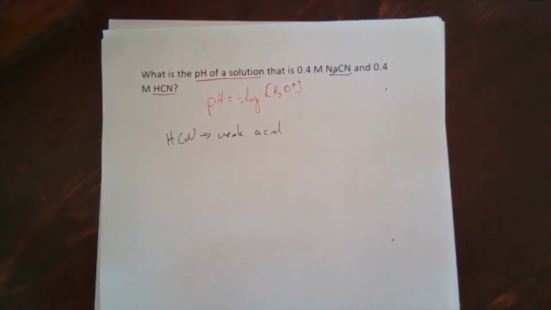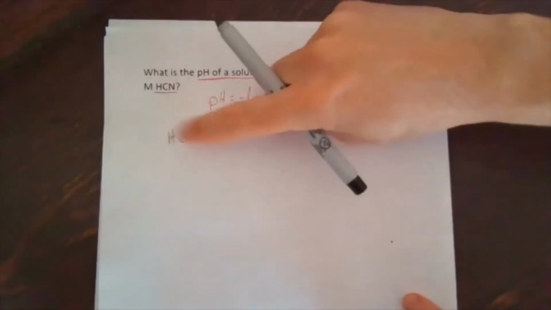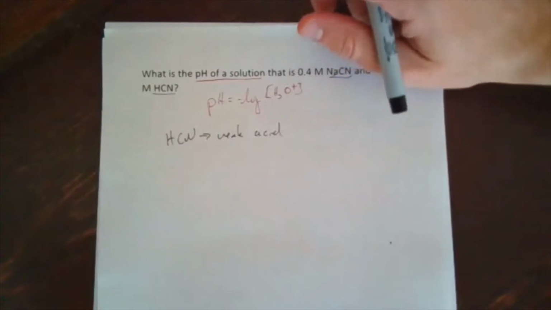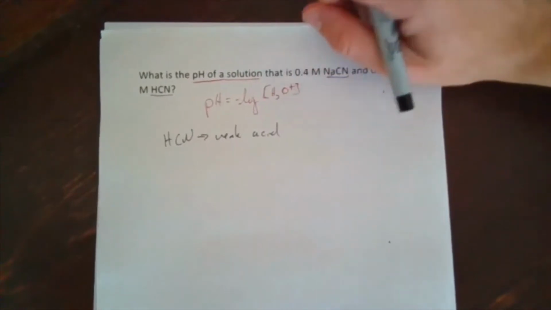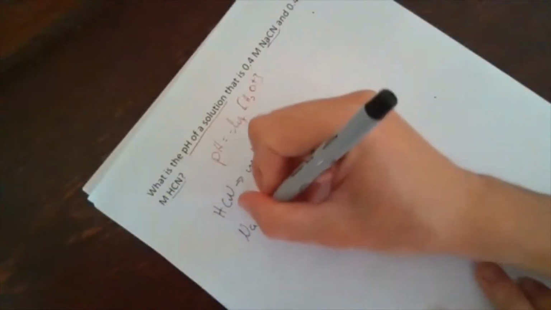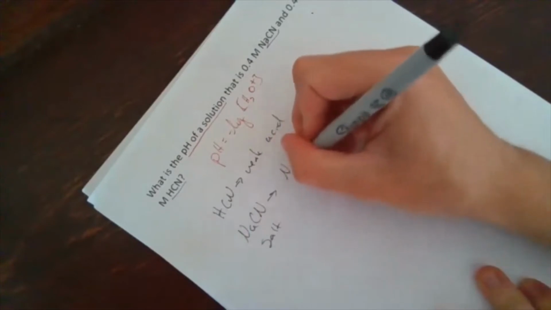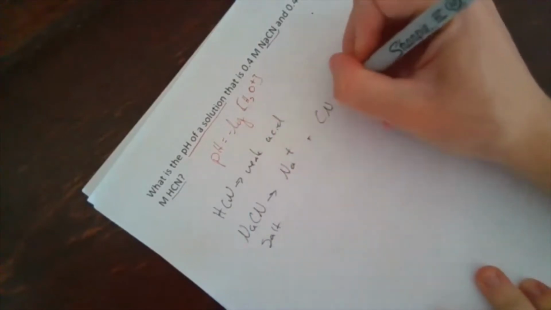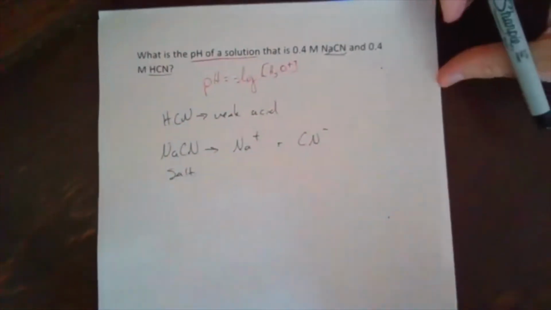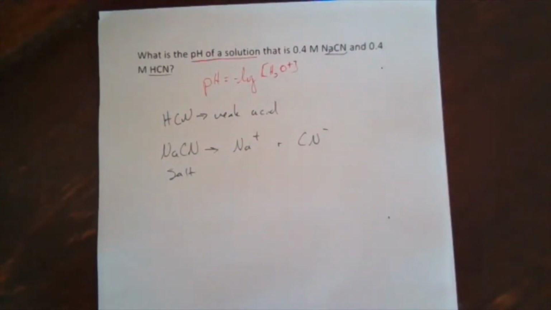So then what about NaCN? If it was just HCN, this would be an ice table problem. We could figure out using the Ka what the pH is based on the concentration. And we have NaCN. Well, that's a salt, so we know it's going to be Na plus and CN minus. What about those ions?